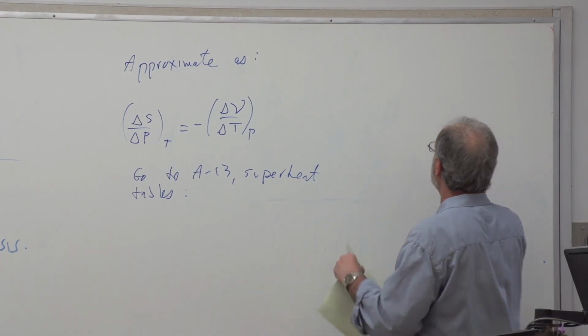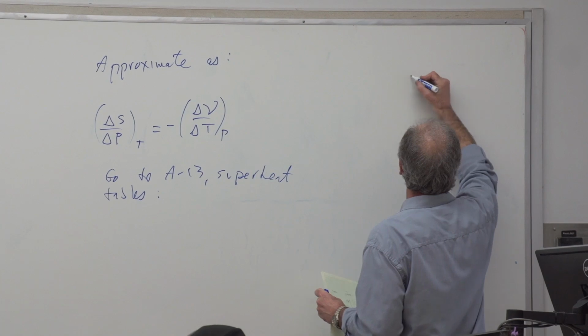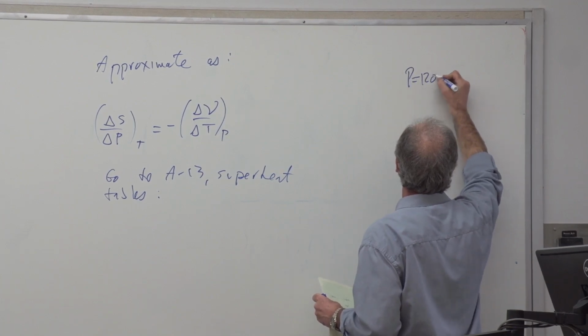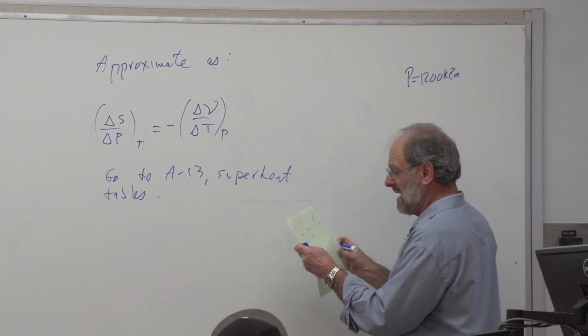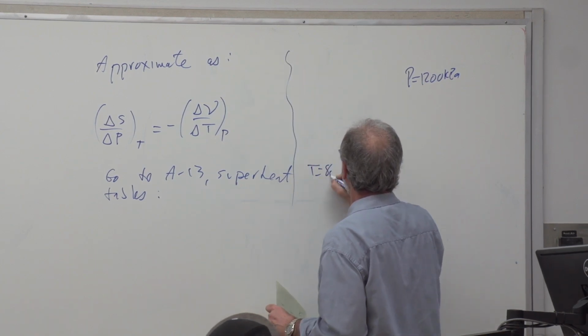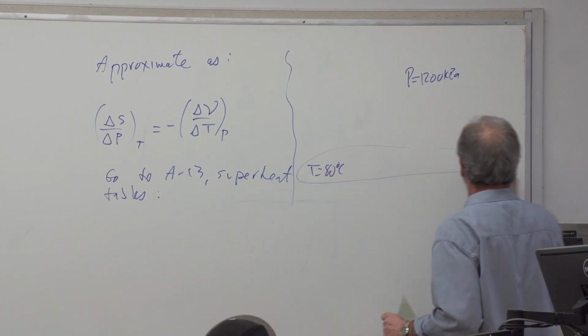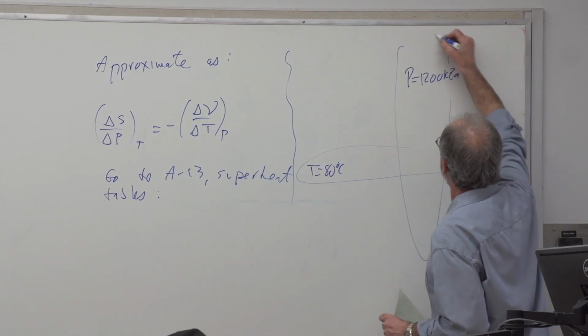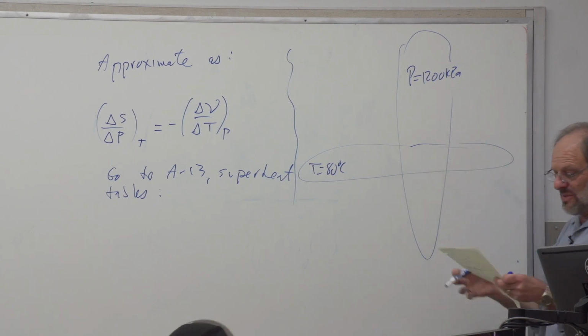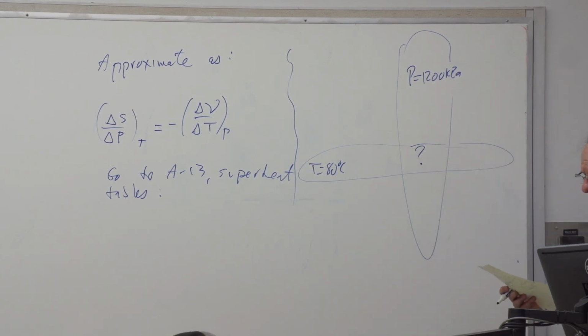So let me explain. So let's say that we have my pressure of 1200 kilopascals, and we have our temperature of 80 degrees C. So it's this number right here in the middle that we're really interested in. And that's the number we're trying to prove is accurate or not.